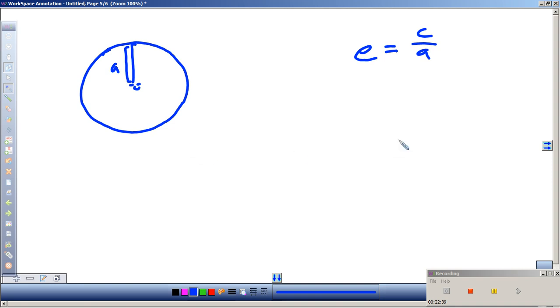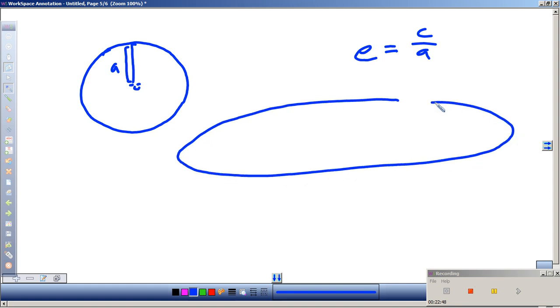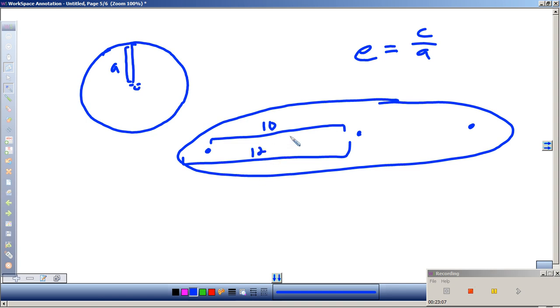Whereas if we did something like this, your foci would be somewhere way out here. So what's the ratio of C to A? Well, if this was, say, 10, if this is 12, it'd be like 5.6, or 0.87.